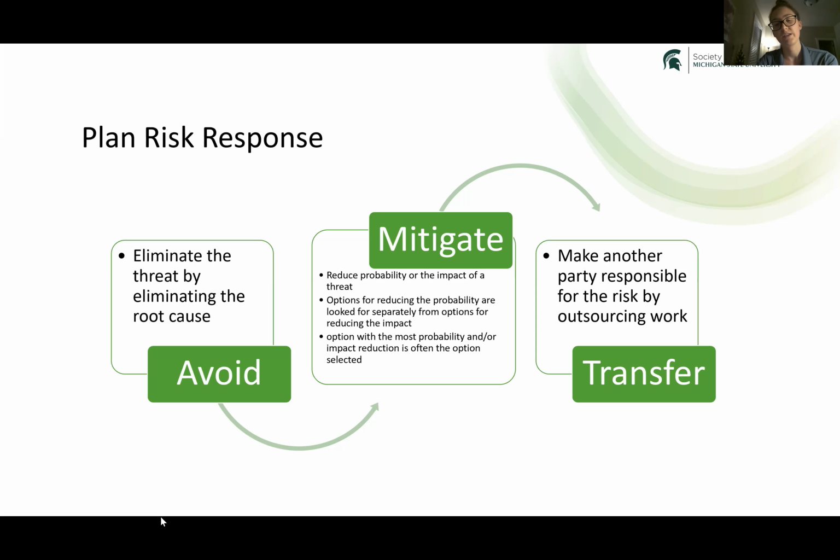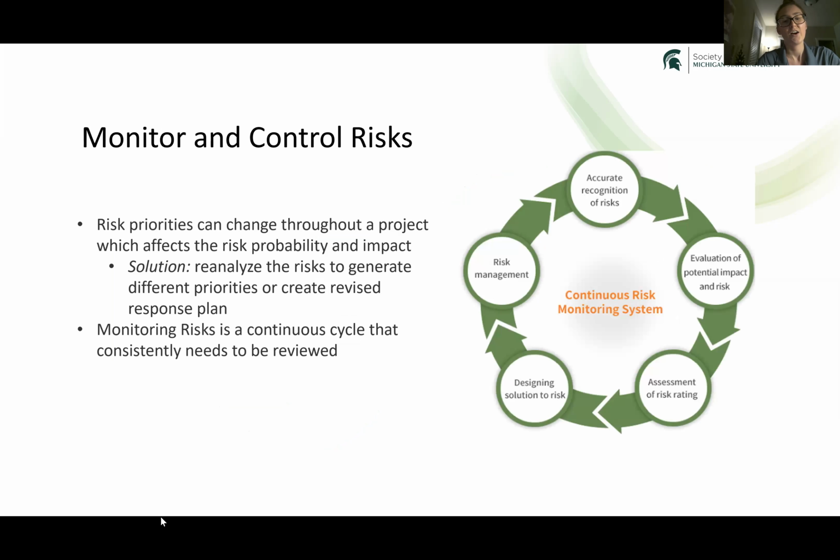If you don't give each person an assigned risk, then you're opening yourself up to more risk by being inefficient. Another way to manage your risk is by outsourcing work if you don't have enough time to look at them. So the last step is to continuously monitor and control your risks.